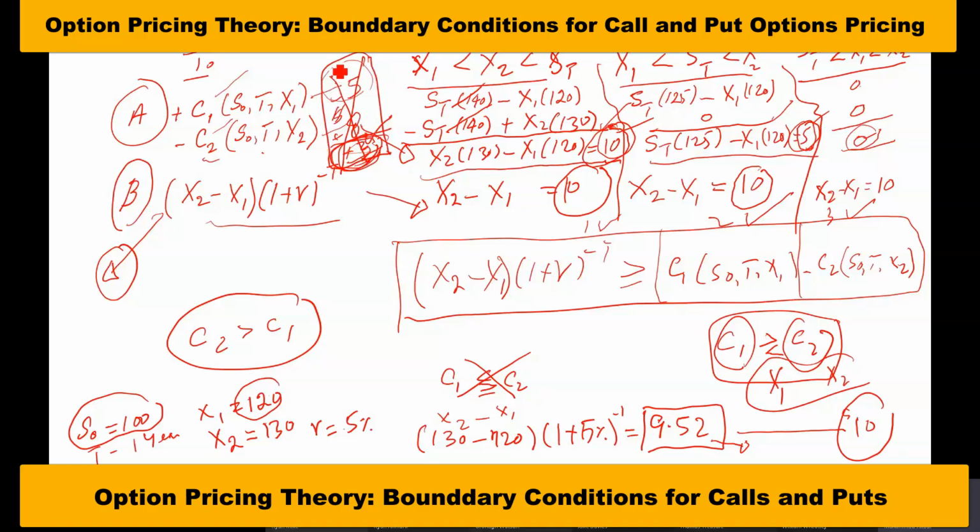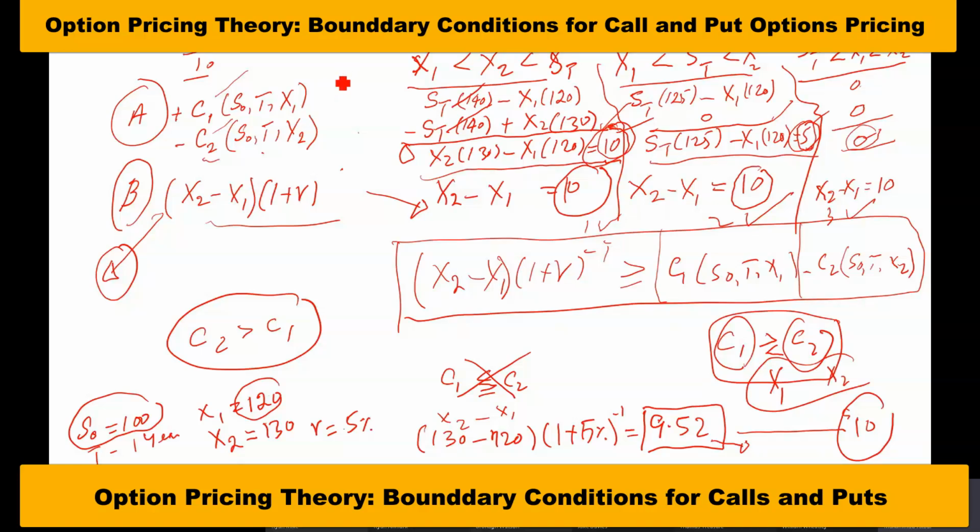Okay, you must have negative cash flows upfront. If this is not the case, then there is pure arbitrage. So what is possible? It is possible that the price of C1 is greater than C2, but not C2 greater than C1.